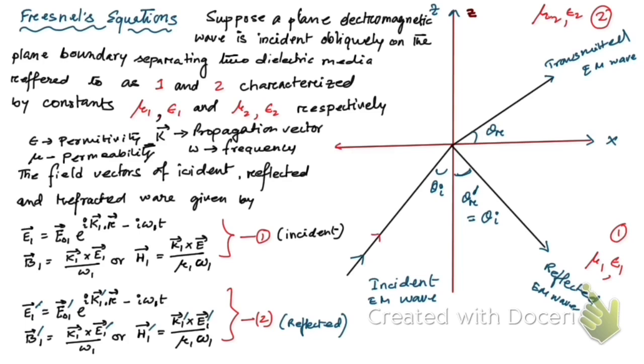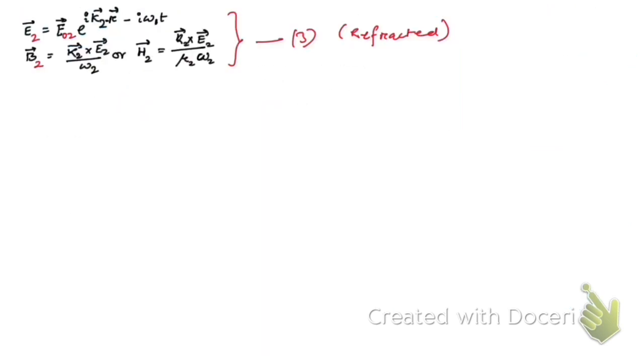The propagation constant associated with the incident wave is k1, with the reflected wave k1 dash, and this is k2. The refracted or transmitted wave is given by equation number 3.